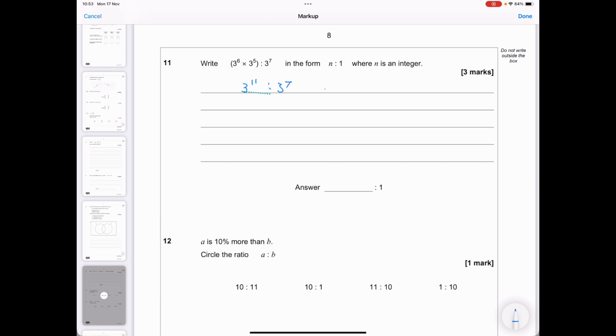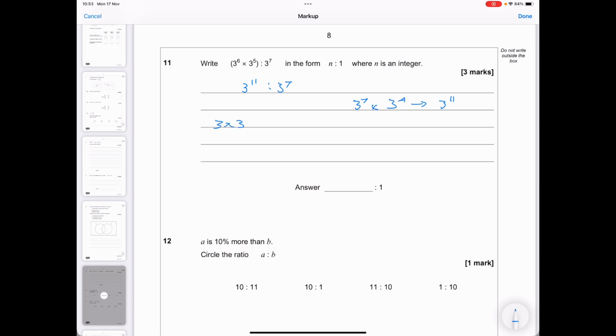Now, according to this, 1 is what 3 to the power 7 is. So we need to work out what we did to get to 3 to the power 11. The way we get from 3 to the power 7 to 3 to the power 11 is by timesing it by 3 to the power 4.